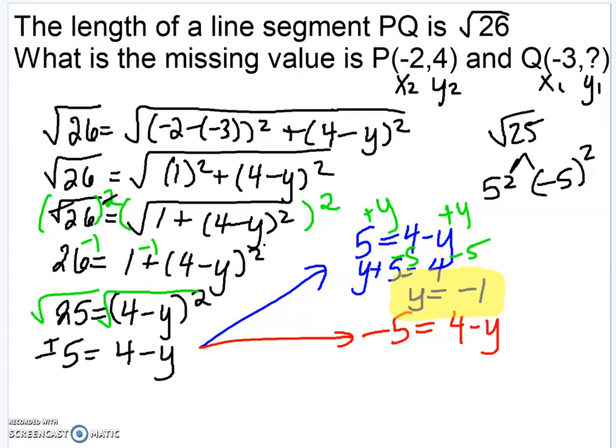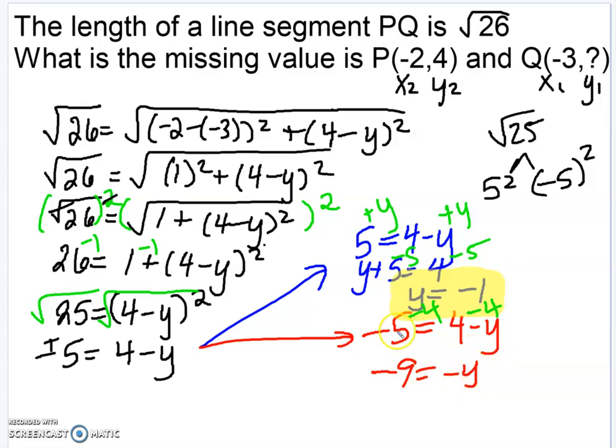The other possibility is going to be, and I'm going to do this one in a different way, just to show you that there are multiple ways you could go about solving this algebraically. So I'll move this 4 first. So I'll subtract 4 on both sides. So -5 minus 4 gives us -9. But I don't want negative y. I want what is equal to y.